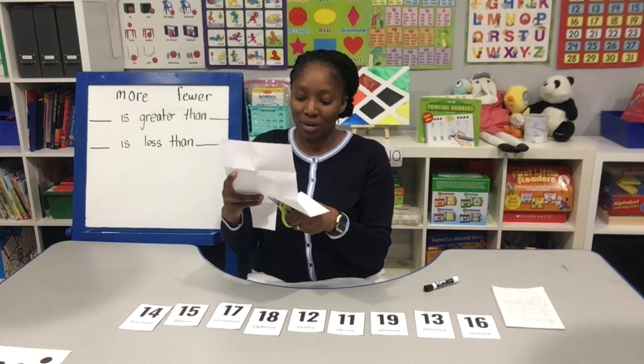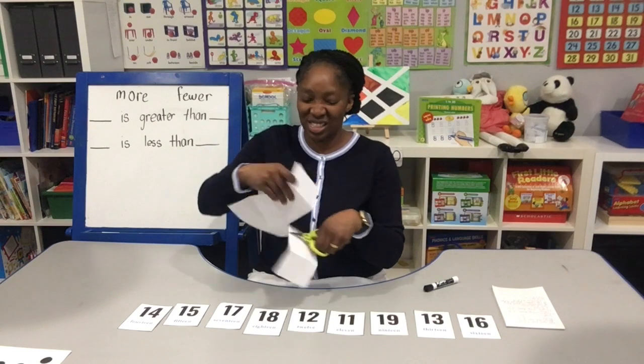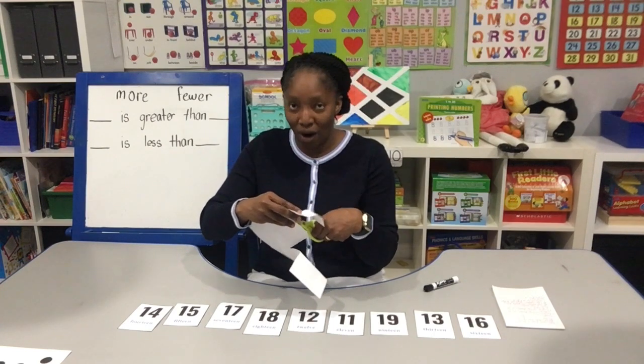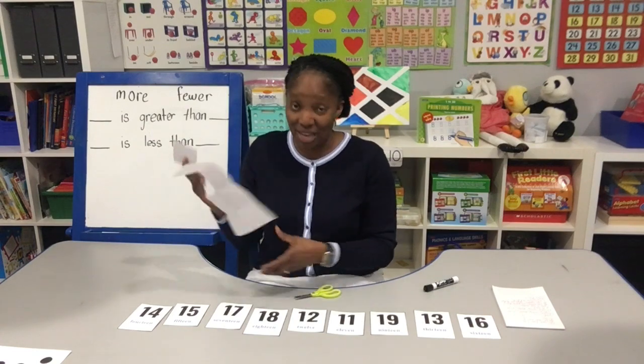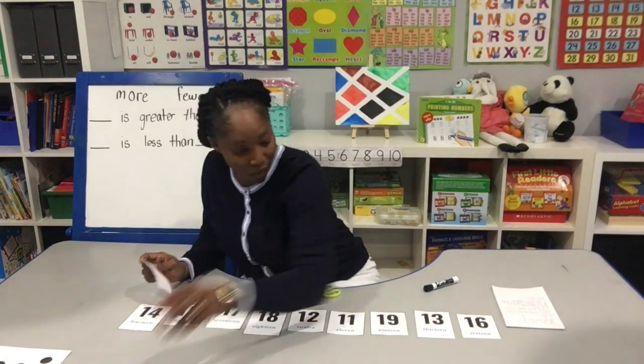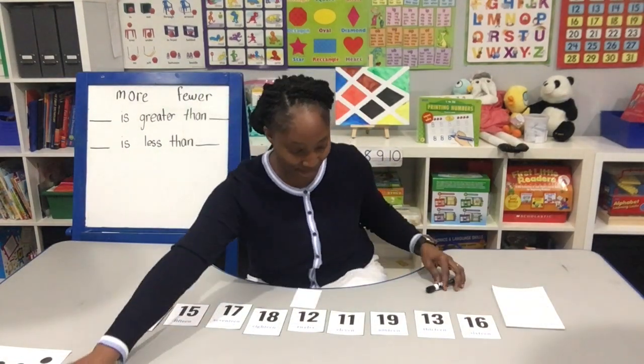So right now, I'm going to make just the number 10, because remember, 10 is part of the teen numbers, even though it doesn't have 10 on it. So now you can make more, but I'm only going to make the number 10.